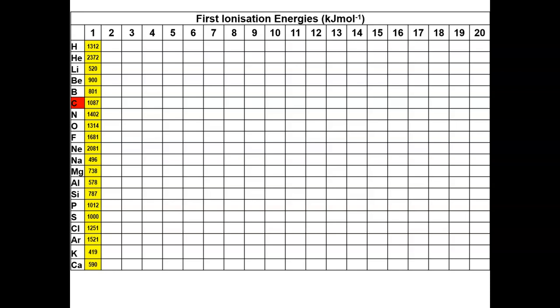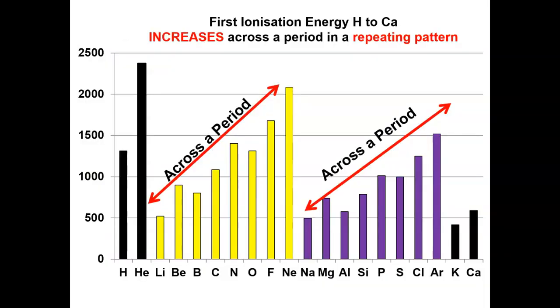Well, so what we're going to do is display this chart, these data values, alongside the atomic number on the horizontal axis. So when we do that, we get this.